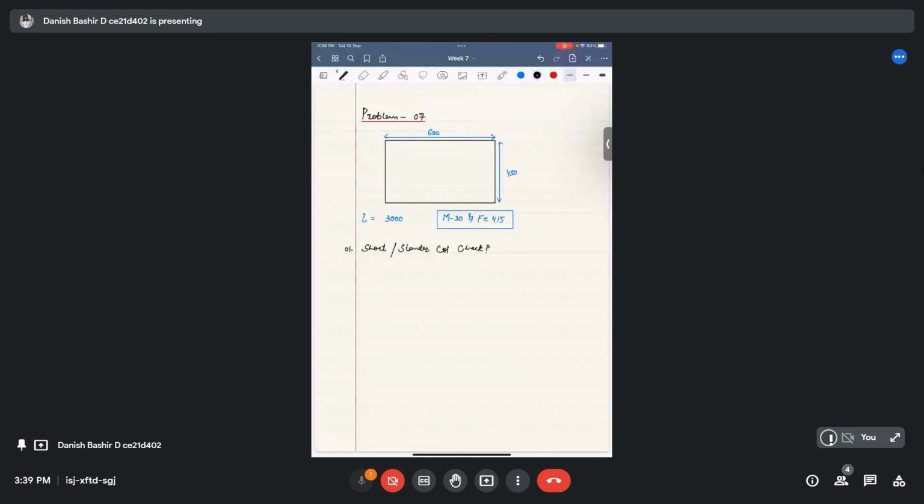So we have the unsupported length given as Lx in the x direction and in the y direction as 3000 mm, and we are given dy as 450 mm and dx as 600 mm.